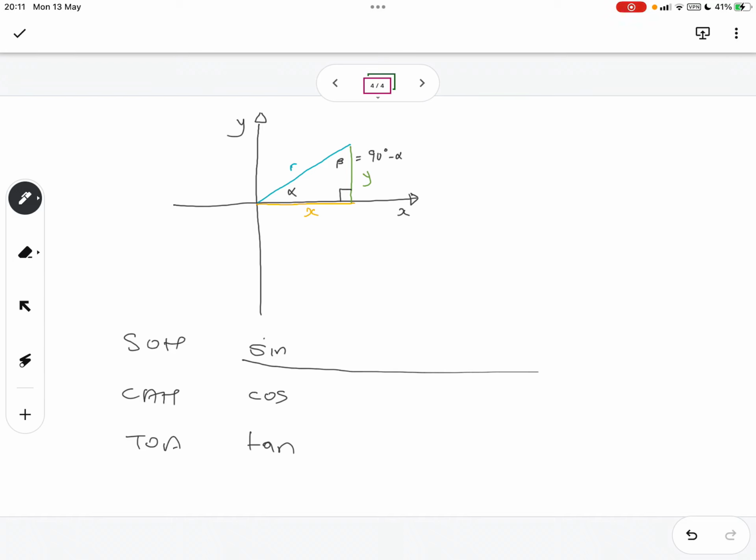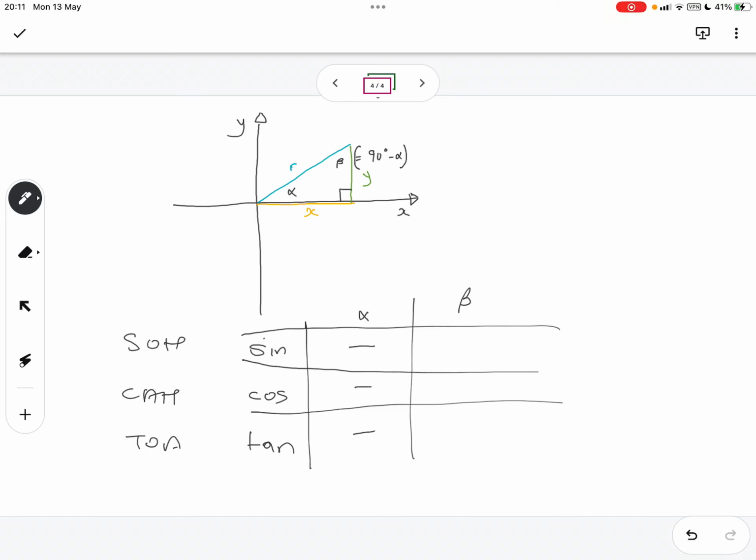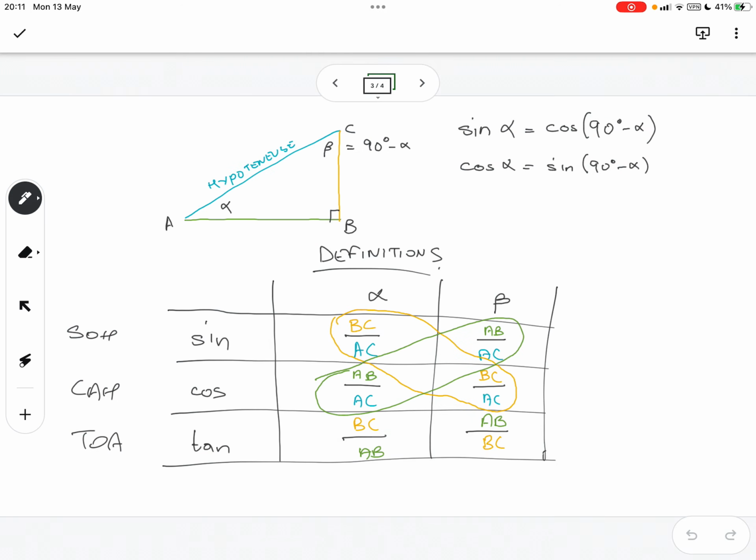Beta, we know it's 90 degrees minus alpha, but you don't have to write this part out for now. What you have to do is have the sine of alpha and the sine of beta, and you define them in terms of these sides r, x, and y, while referring to SOHCAHTOA.